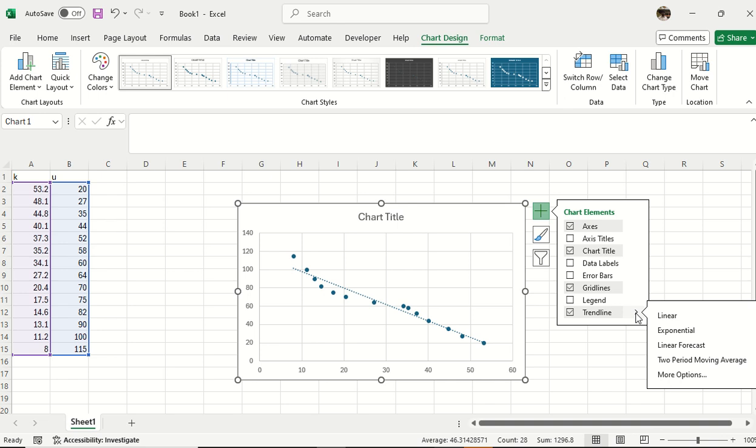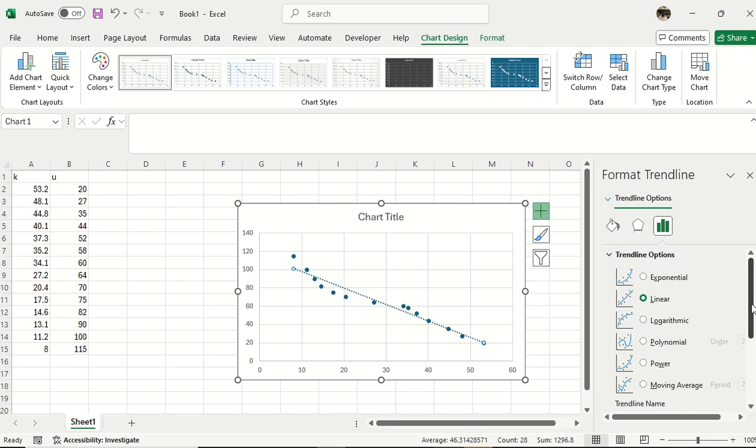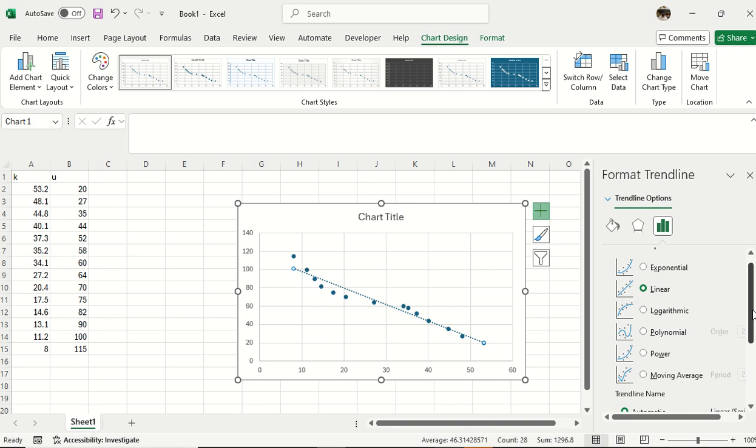When I go there, you can see, first of all, different types of trend lines. We have only done linear, y equals ax plus b, something like this. But you can change the type according to your data, you all know that.